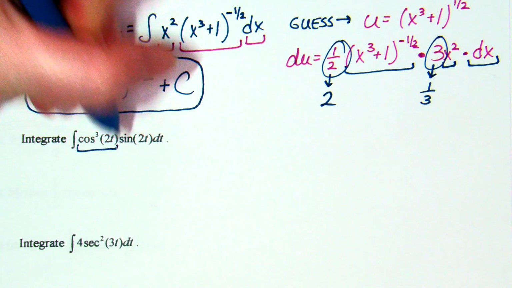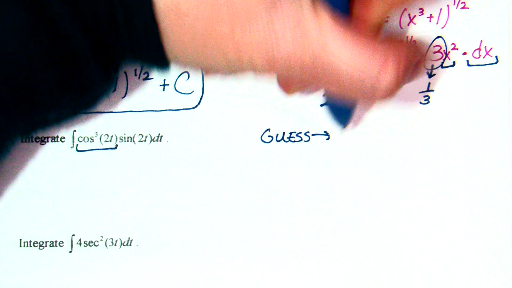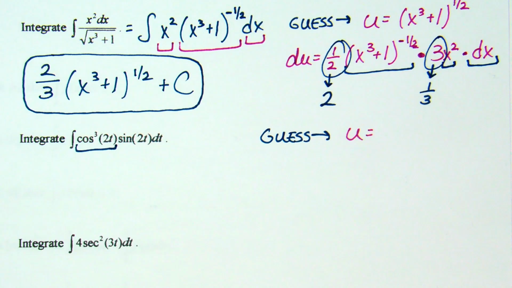So that means for my guess, I know you guys are going to give me a couple different options here. What's the integral of cosine cubed? I'm going to say cosine to the 4th. I don't know. Should I go the 1/4 cosine to the 4th?